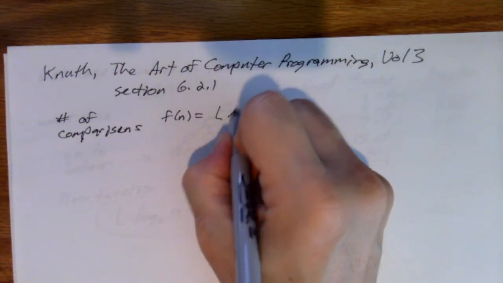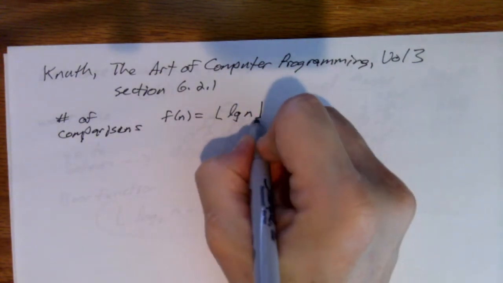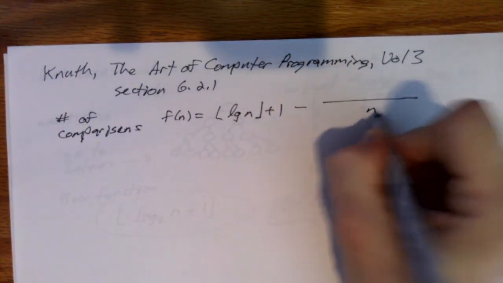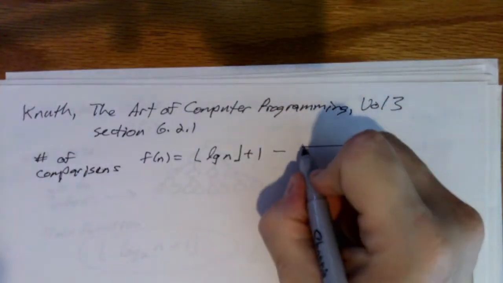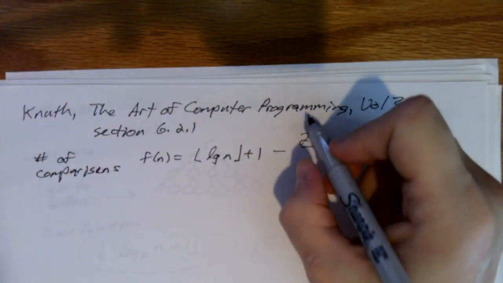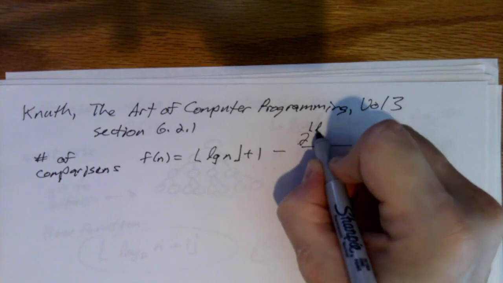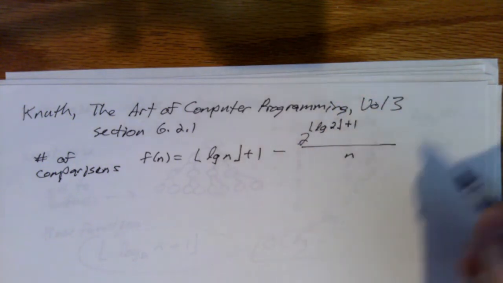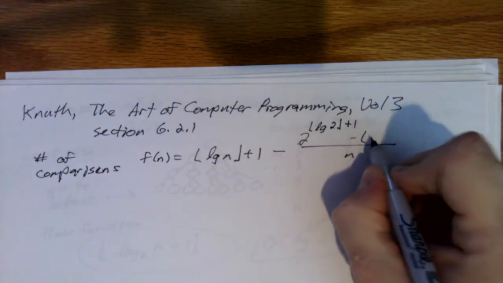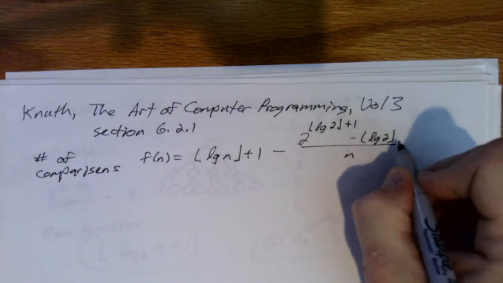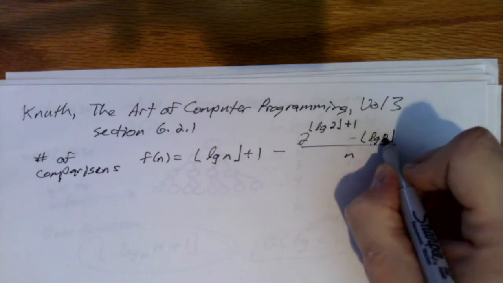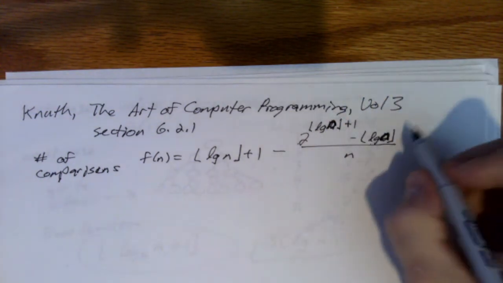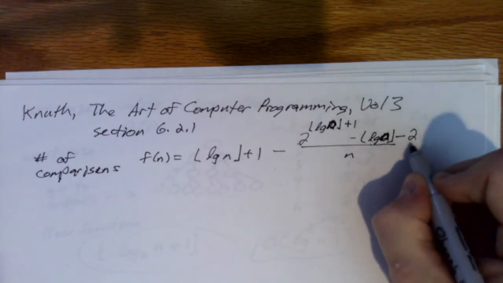The floor of log base 2 of n plus 1 minus this fraction. This would be 2 to this power, the floor of log base 2 of n, and then add 1 to that, minus 2.